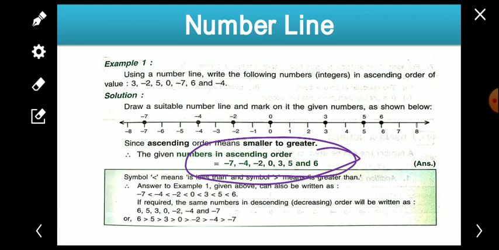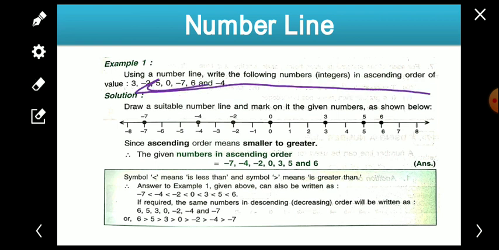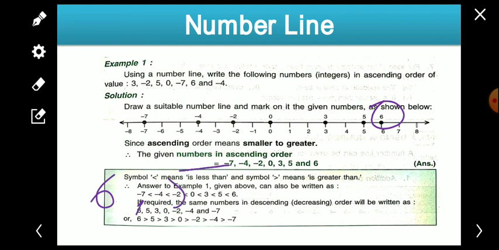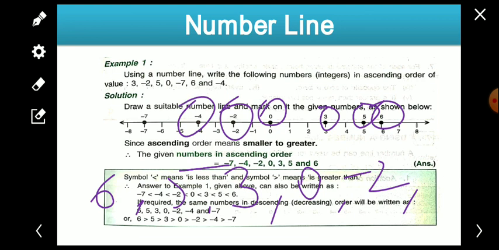If you have to arrange in ascending order, we move towards the right and keep on writing the numbers. If we have to arrange the numbers in descending order, then we move towards the left. At first we would write 6, then 5, then 3, then 0, then minus 2, then minus 4, and then minus 7.